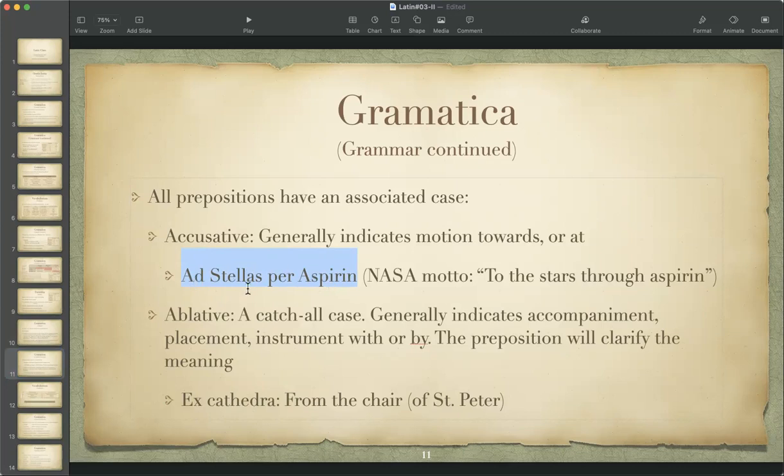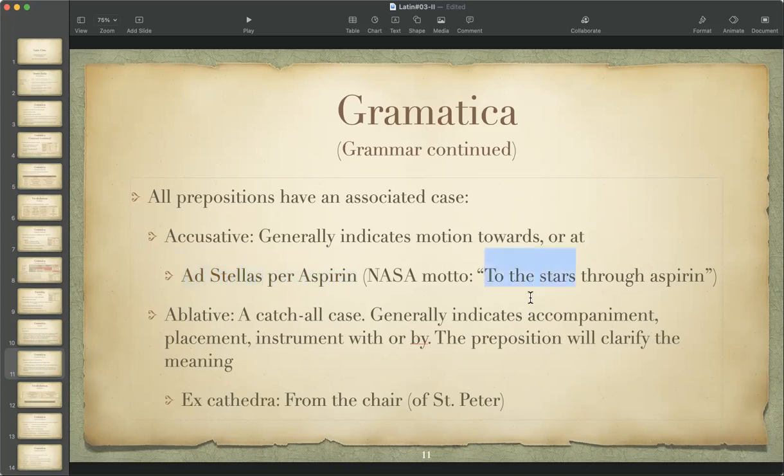Ad astra per aspirin, which literally means to the stars through aspirin. And what it refers to is all the various headaches and technological problems you have to overcome in order to do space flight. So the important one here is ad stellas, to the stars.